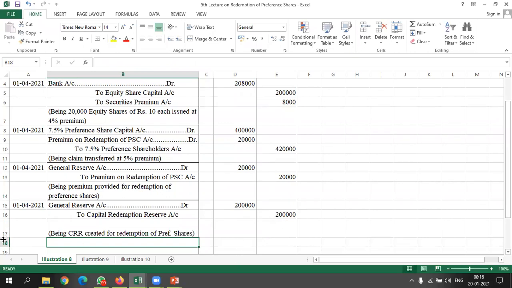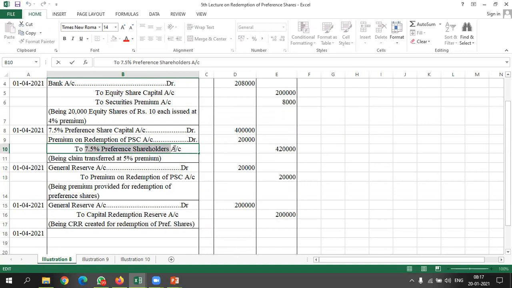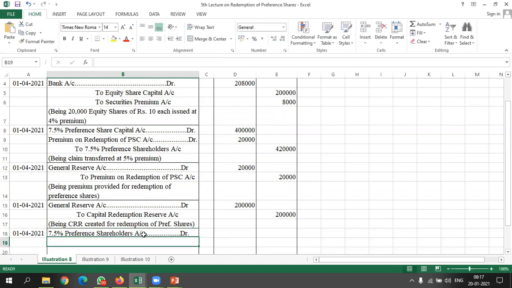Now coming to the last entry. The last entry is of claim settlement. The claim settlement entry will be 7.5% preference shareholders account debited to bank account.